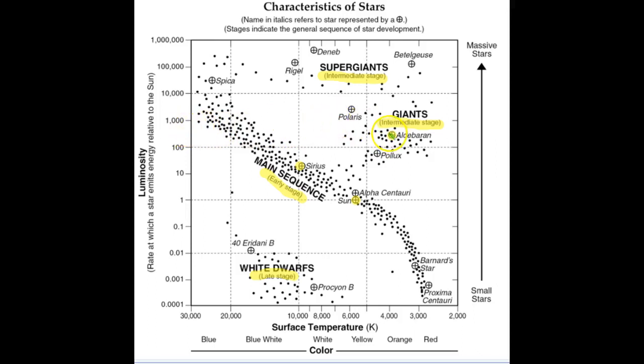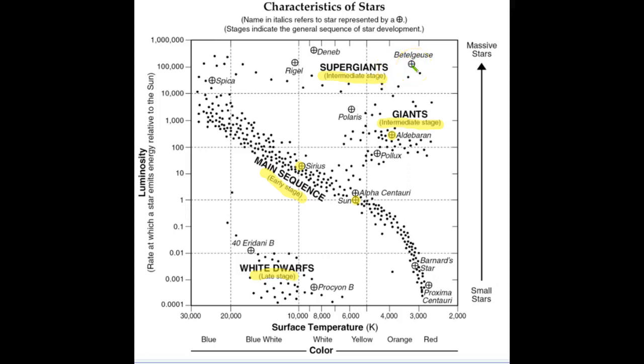The more massive the star, the more luminous the star is. And you can see, unlike our sun, which is here in the color yellow, if you follow it straight down with this temperature, Aldebaran is more orange. Betelgeuse, extremely more massive. It's also in the intermediate stage of its life, but it's a supergiant because it's more massive.